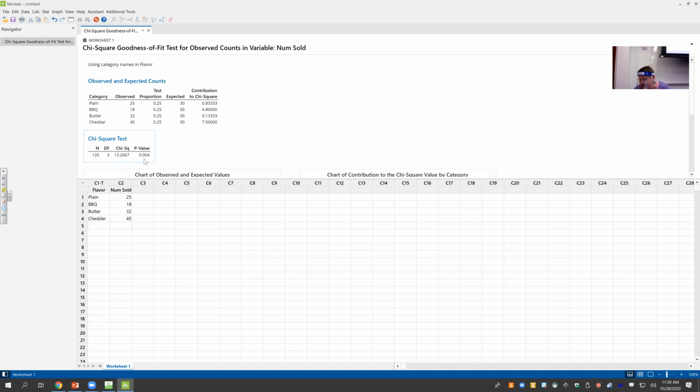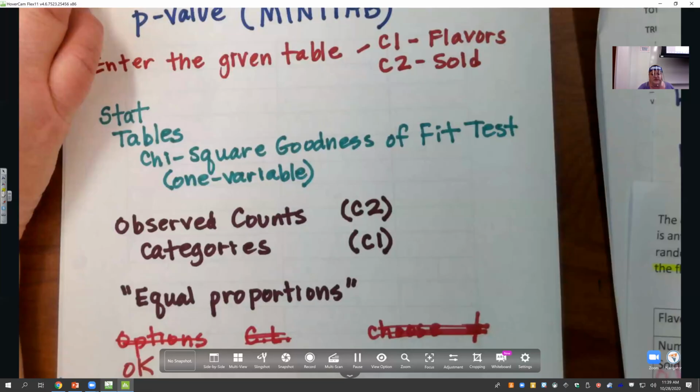Okay, so I need to write down the symbol for chi-square, and I'll show you how to write it. My chi-square goodness of fit is 13.2667, and its corresponding p-value is 0.004. Okay, so I wrote those things down.